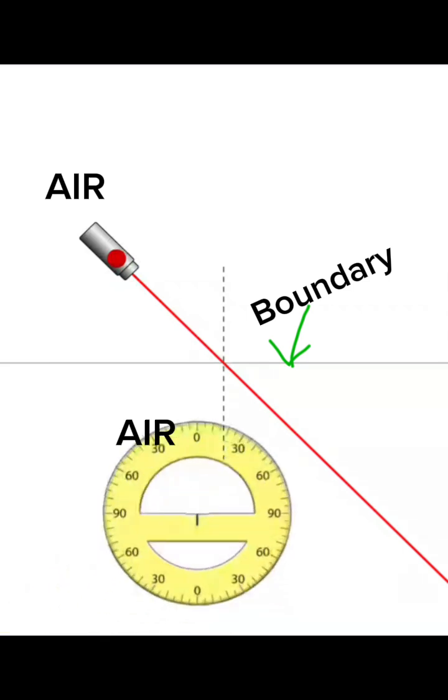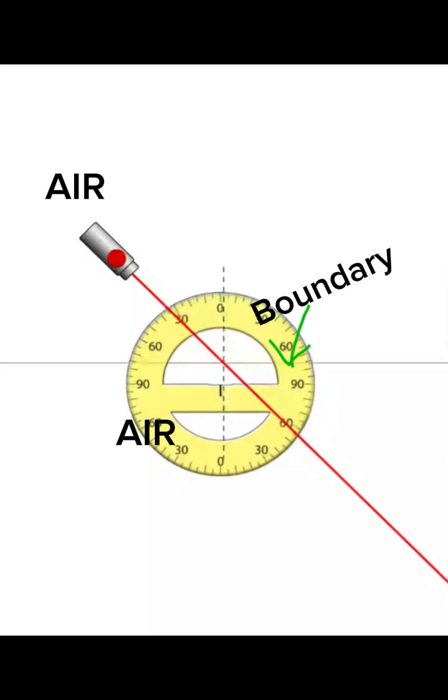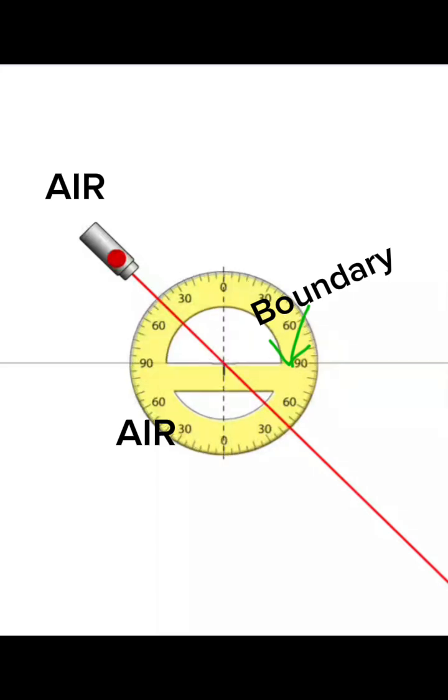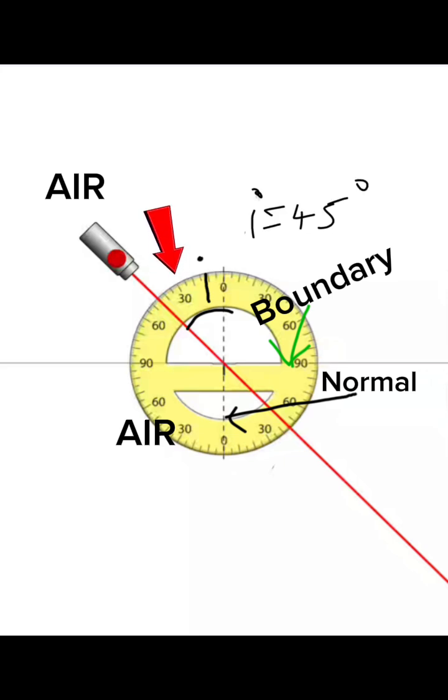If we measure the angle of incidence in this situation, placing my protractor like this and measuring from the normal towards the left, you are going to get 30, 40, 45 degrees. So the angle of incidence is 45 degrees.